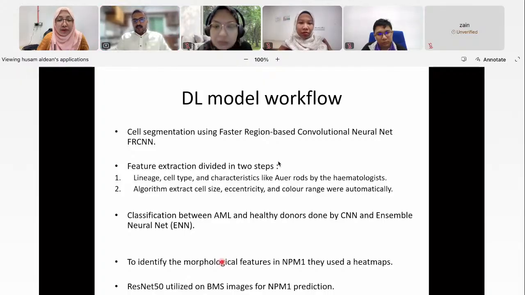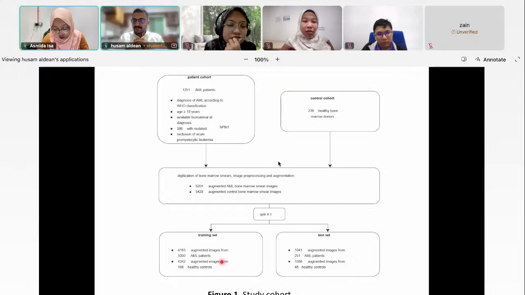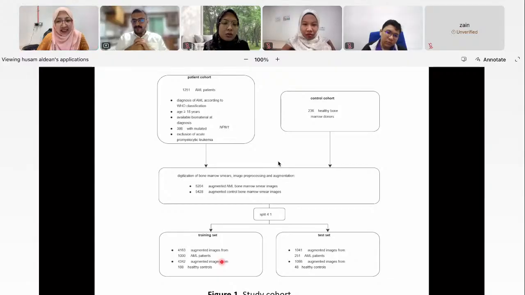So, Husam, can I ask a question now? Yes. They have here 4,163 augmented images from 1,000 AML patients for the training set, okay? And for the test set, they have almost a quarter of the training set.